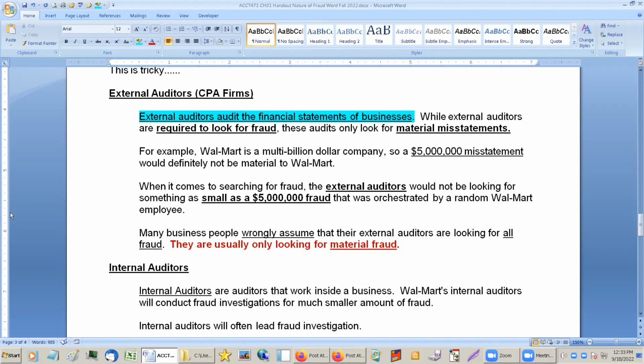So external auditors do not find fraud. It's one of those gaps in what people think the external auditors do.